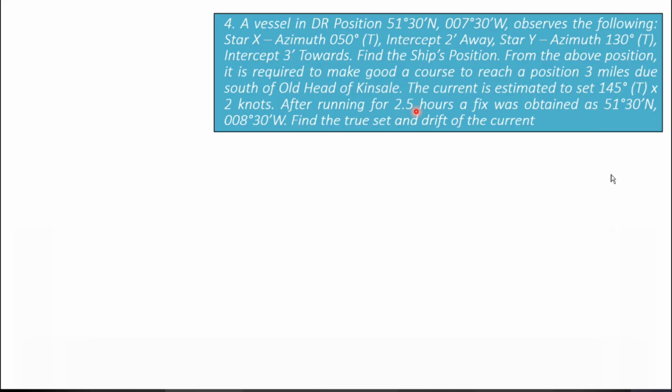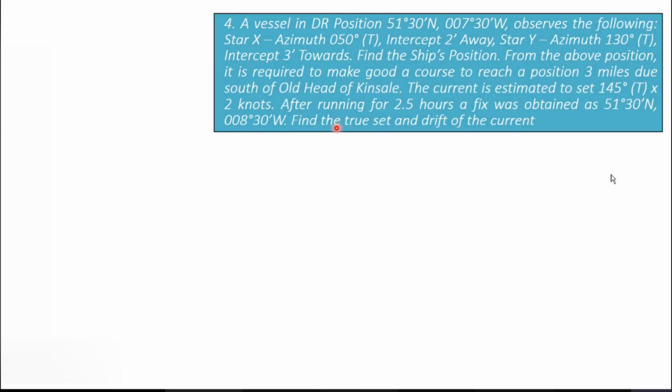It is the estimated current. Once we have obtained a fix after moving for 2.5 hours, we can find out whether this estimation was right or wrong, or what the actual set and drift of the current was. So how do we do this?